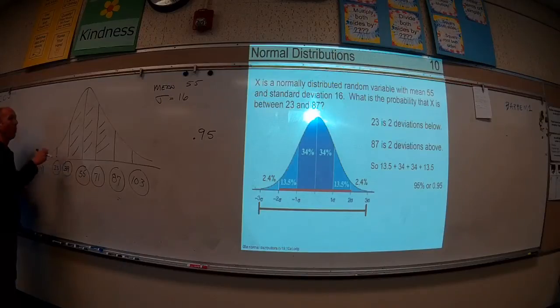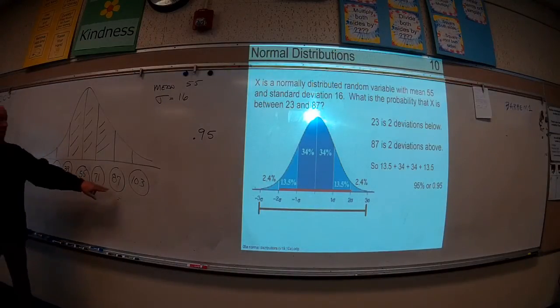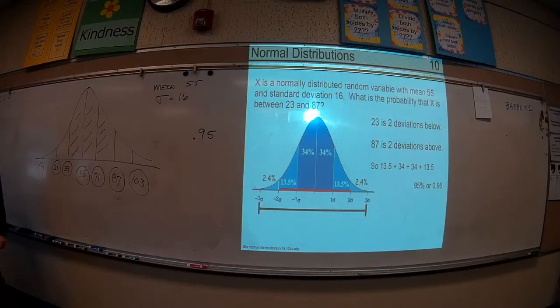What percent of the population is between 39 and 87? I got it. It's underneath this right here. That's incorrect.